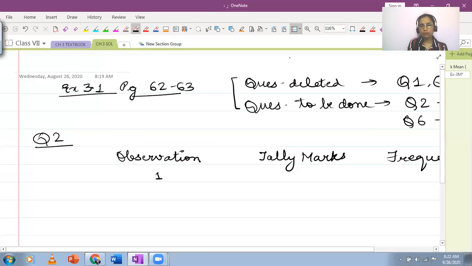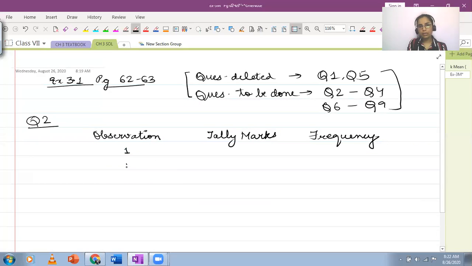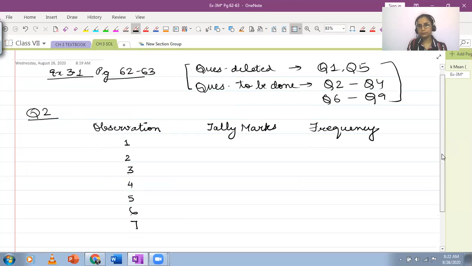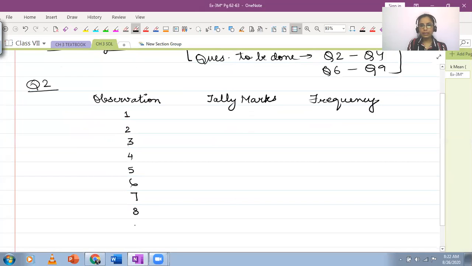I can see 1, 2, 3, 4, 5, 6, 7, 8 and 9. And now we want to write down how many times I see these numbers. Those who don't remember what observations are, these are the values in the list, the numbers you see in the list.